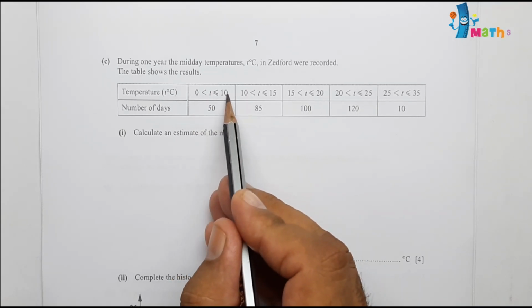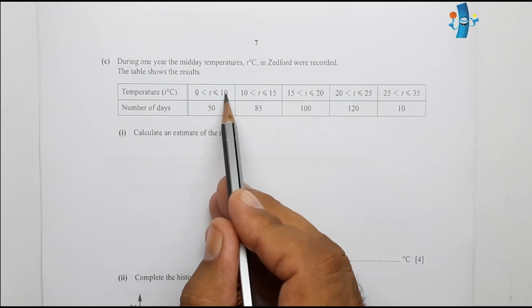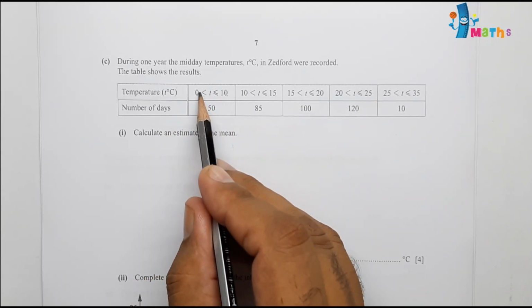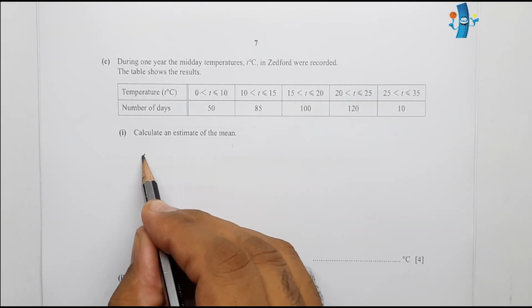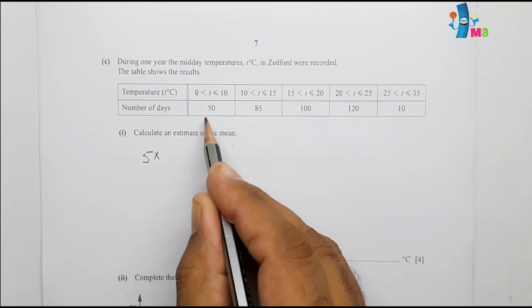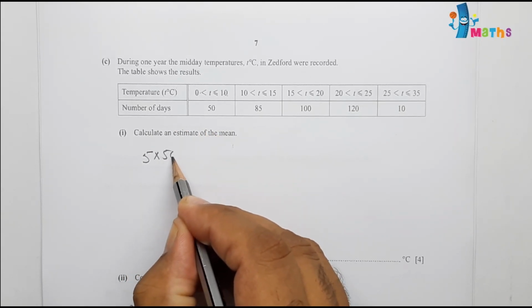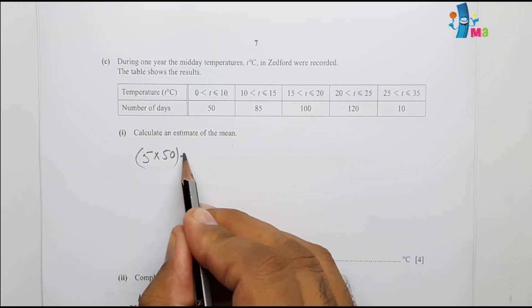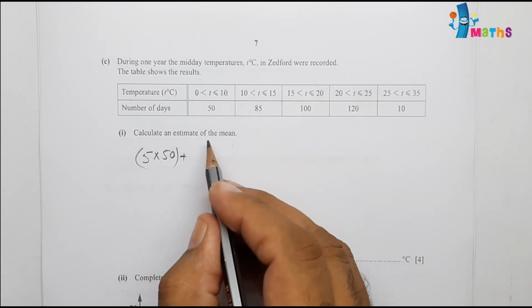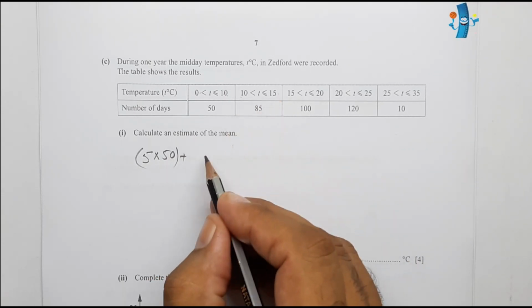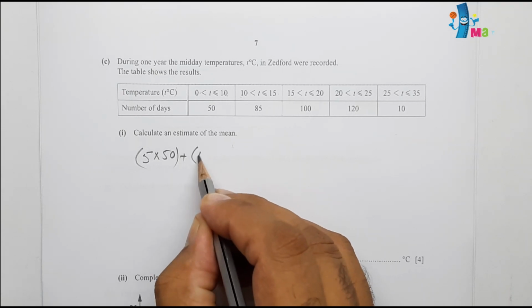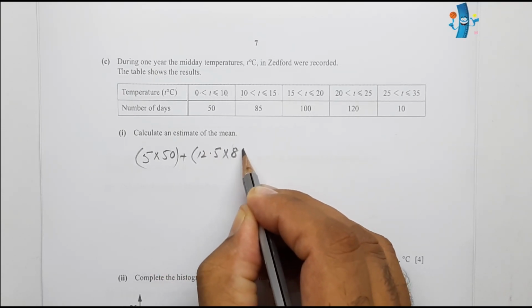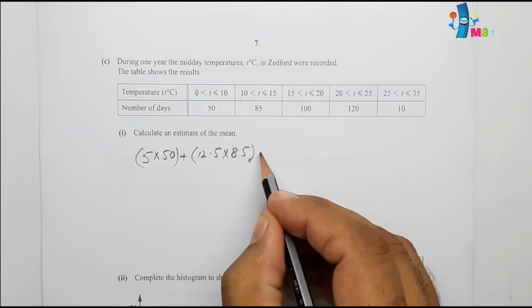We check the mid value of each range. For example, for this one, 0 plus 10 divided by 2 will be 5. So 5 multiplied by 50, which is the number of days, in brackets, plus, similarly, the mid value of this range, 10 plus 15 divided by 2 will be 12.5. So 12.5 multiplied by 85, which is the number of days for this range.